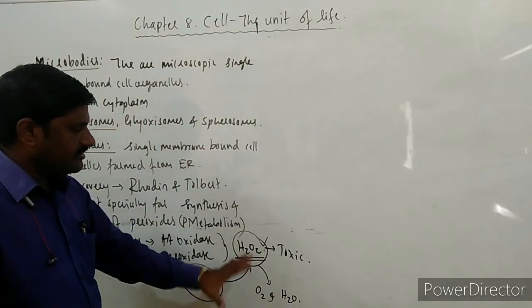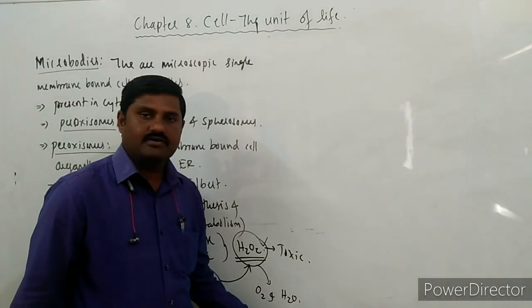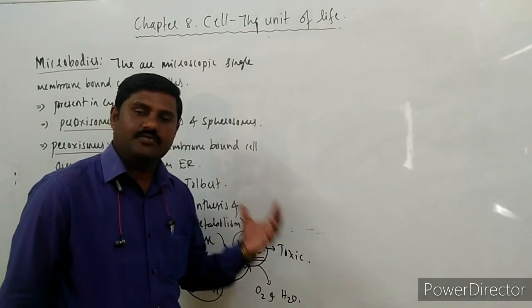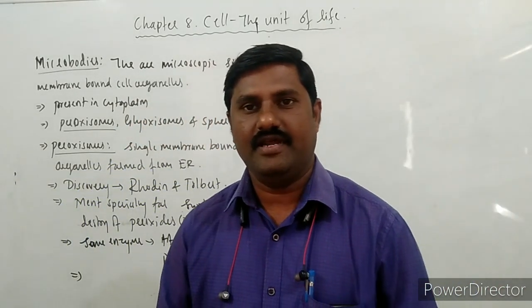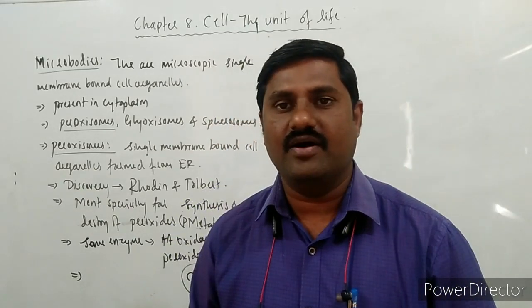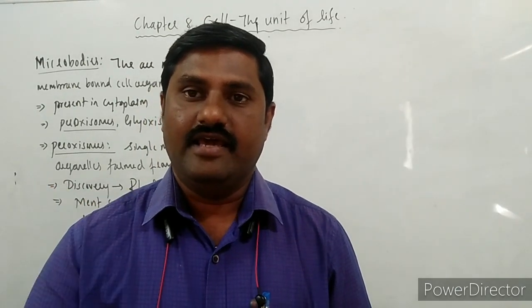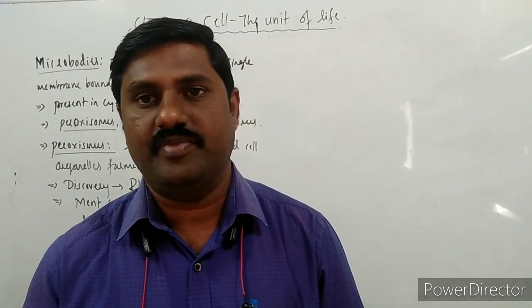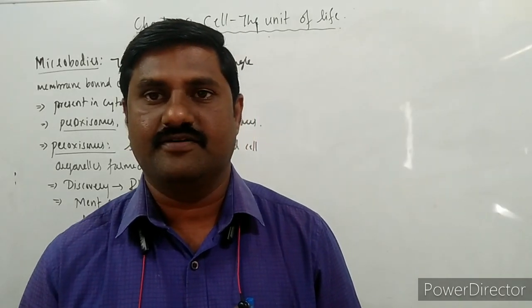When hydrogen peroxide is degraded into oxygen and water, the toxic material has been destroyed. So this is how peroxisomes act: they help in the synthesis as well as the destruction of hydrogen peroxide itself.